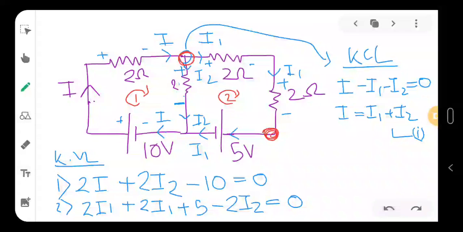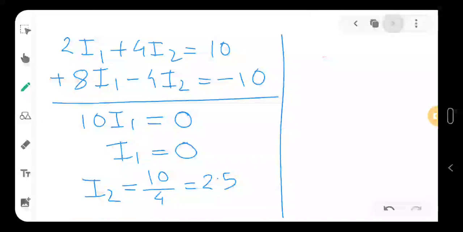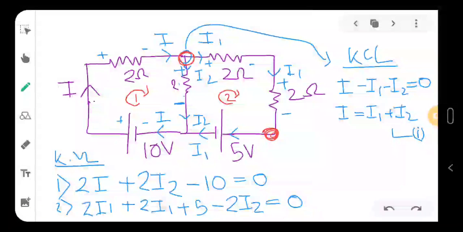So we have taken I1 at beginning, but ultimately our equation has told us that yeah, the I1 has to be 0 because on this side no current will flow. That means the potential values here and there are same. Okay, so that is the important thing to note.